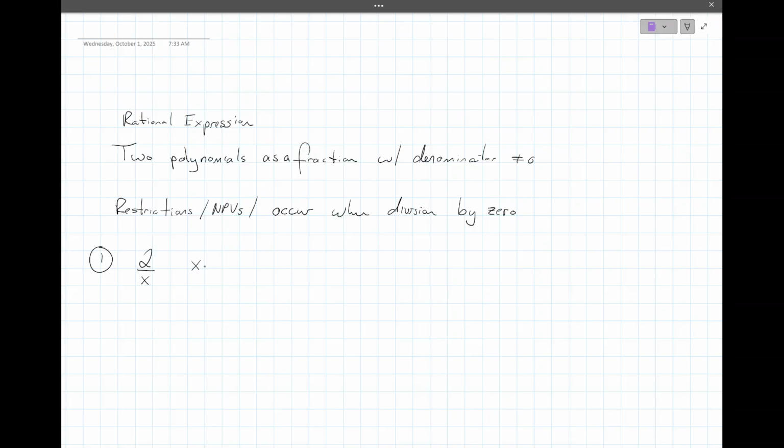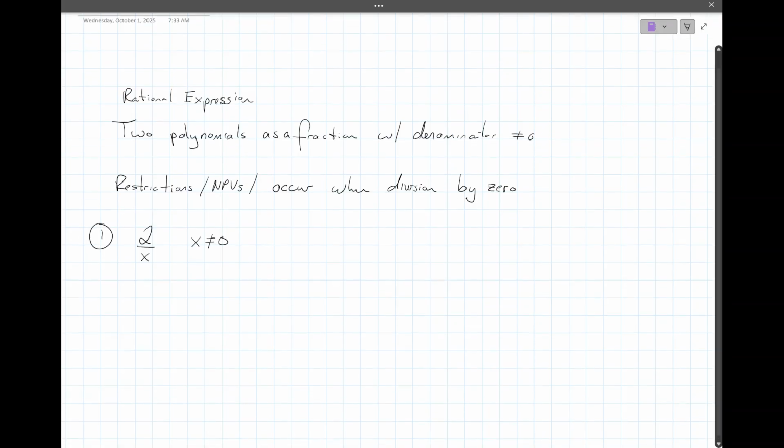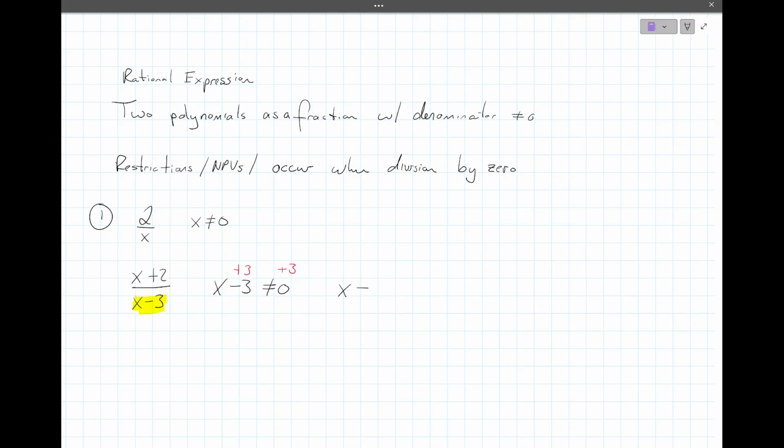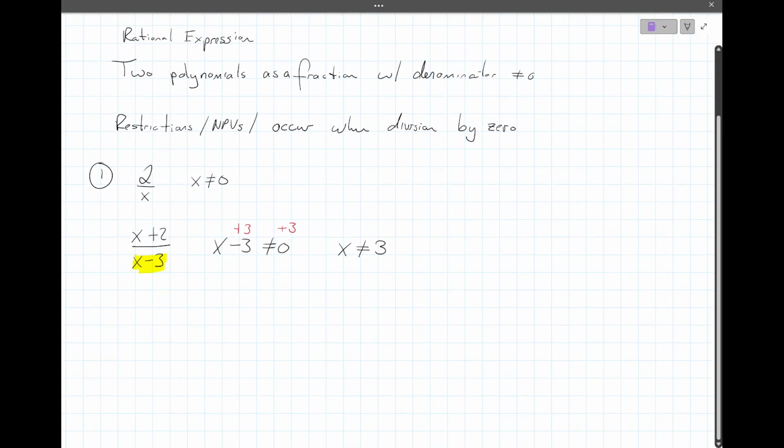If I have x plus 2 over x minus 3, I check the denominator: x minus 3 cannot equal 0. I can do algebra across the cannot equal sign and get x cannot equal 3.